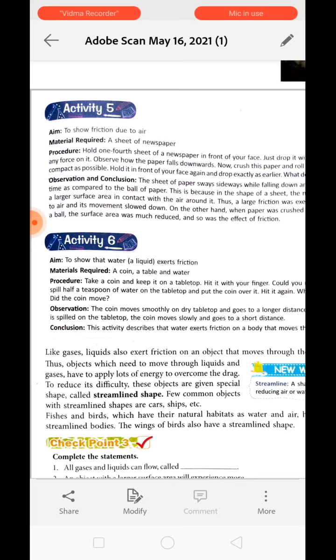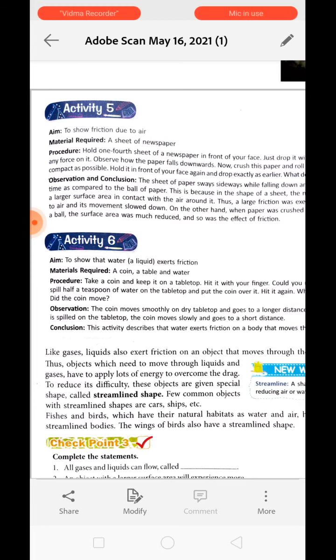But after that, we will spill half a teaspoon of water on the tabletop, put the coin over it and hit it again. You will see that after traveling some distance, the coin stops because water is exerting friction. Liquids and gases both exert friction on a body moving through them.